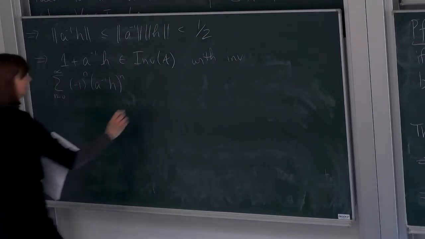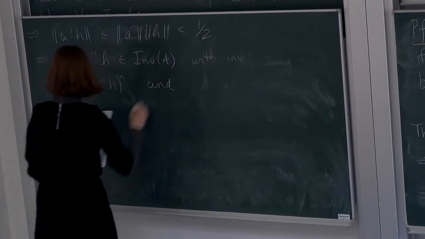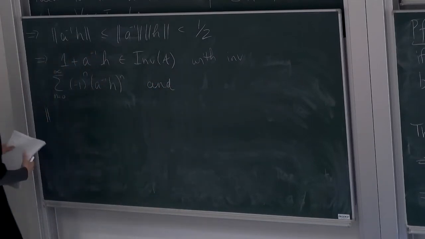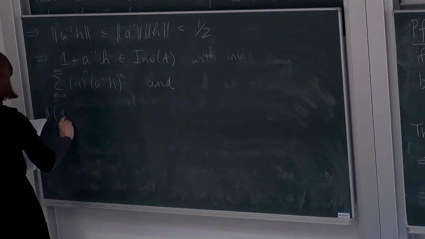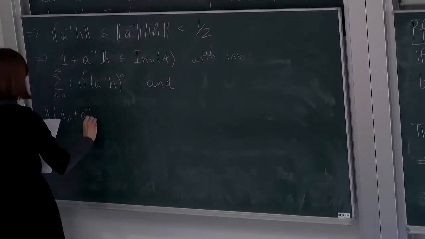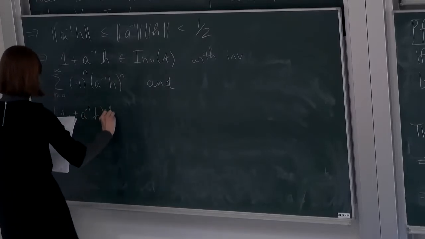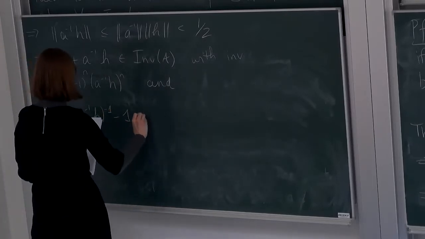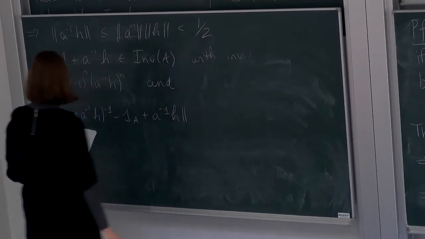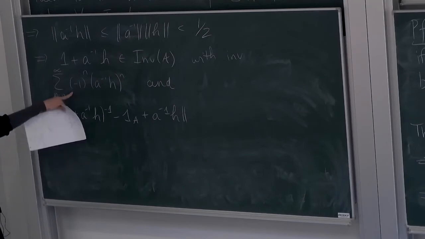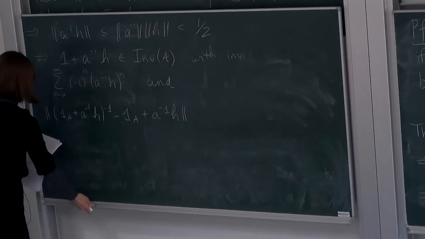Okay, and now what we're trying to do, so let's say 1 plus A inverse H inverse, so this is the inverse of that. We can sub that guy in.